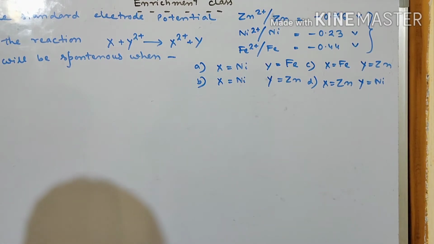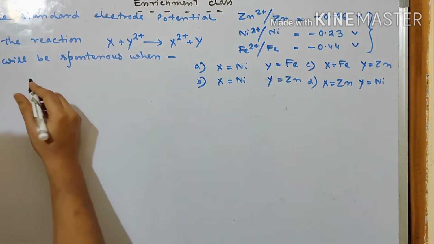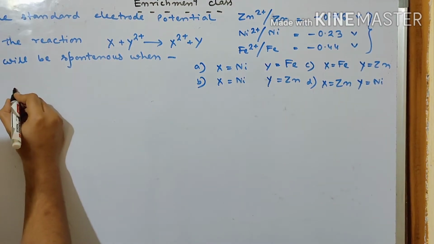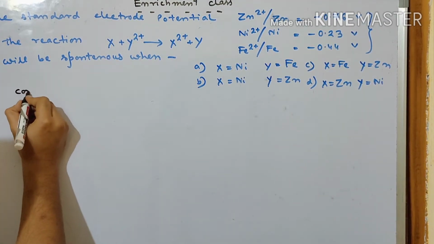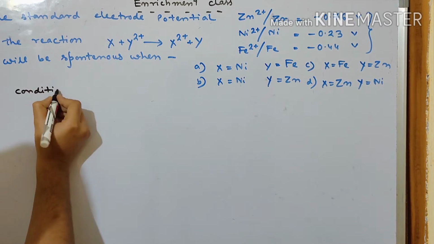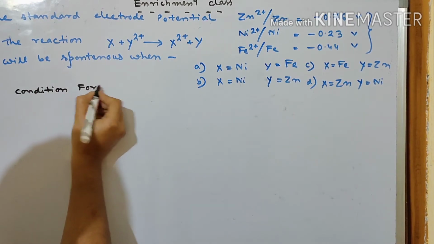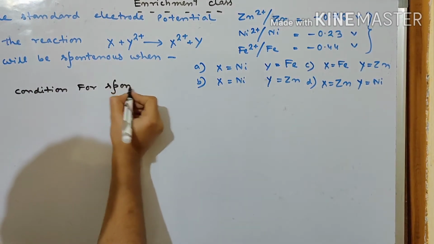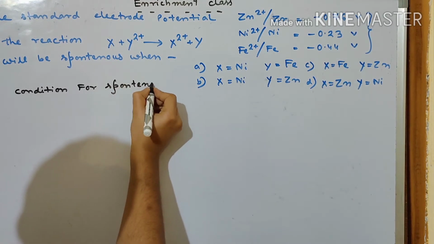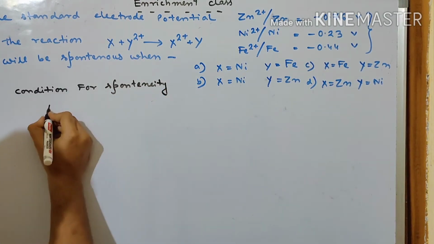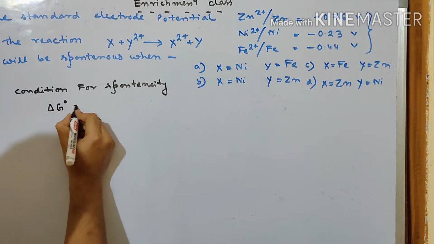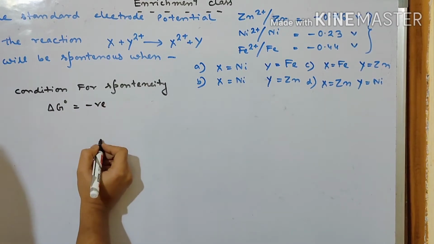But before that, it needs to be specified the condition for the spontaneity of a reaction. So let us see that one first. The condition for spontaneity: delta G0 should be negative.